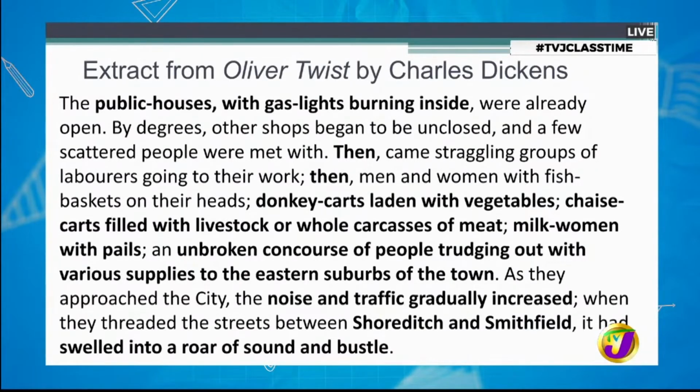So the whole idea of constant activity. And then if you look after that, we have several semicolons being used to give us lots of details of activities going on. So this scene is a busy one because based on all the things that are happening here, we know that it is not just a little Sunday stroll going on. We know it's a busy town.